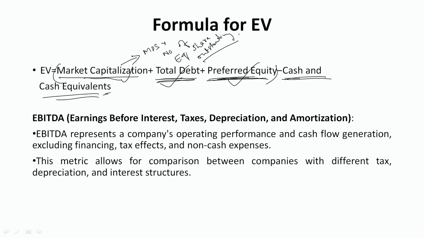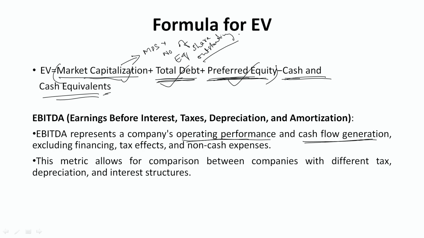Now the second part of the equation talks about EBITDA. EBITDA is nothing but, the full form is, earnings before interest, tax, depreciation and amortization. What does it actually show? It shows the company's operating performance and the cash generation capability of the firm.